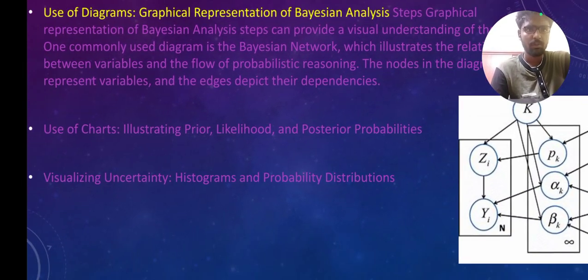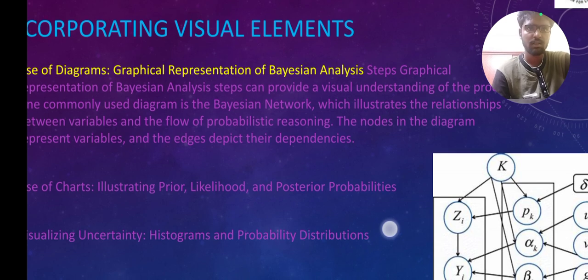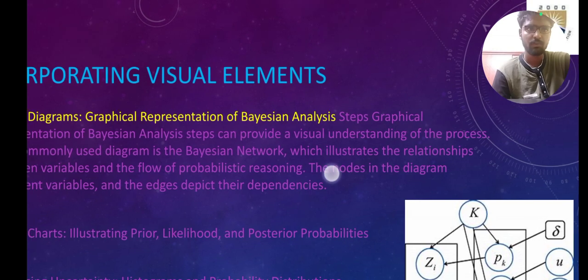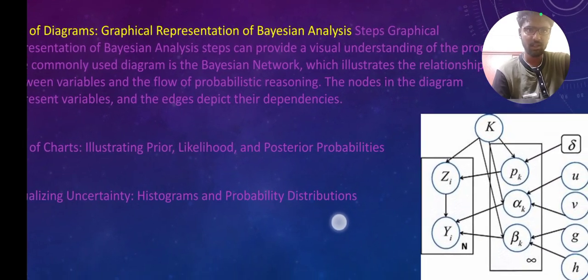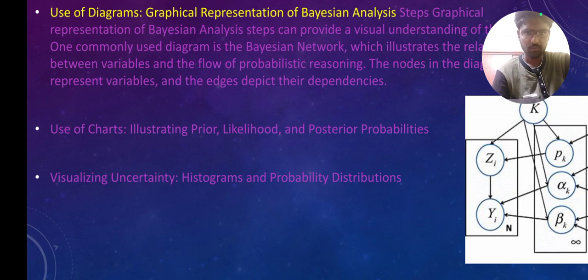Importance of visual effects. Graphical representation of Bayesian analysis steps can provide a visual understanding of the process. One commonly used is the Bayesian network, which illustrates the relationships between variables and the flow of probabilistic reasoning.